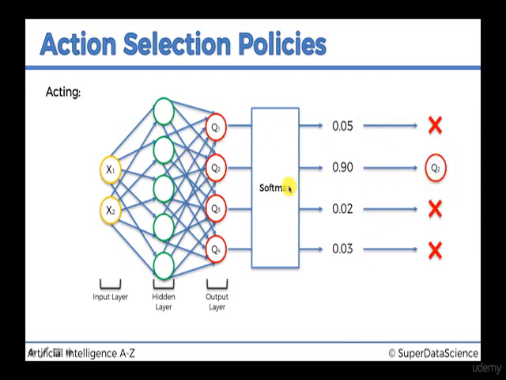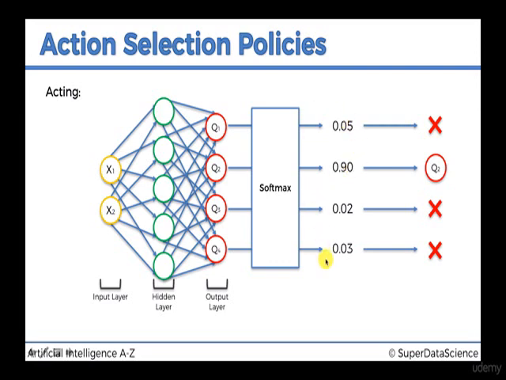But if you look at it closely, this isn't a strict 100%, and these are not strict 0%. So this is a 5%, 2%, 3%. So the most natural way to apply the softmax in order to preserve exploration in the algorithm is to use these exact probabilities as how often we're going to be taking that action.